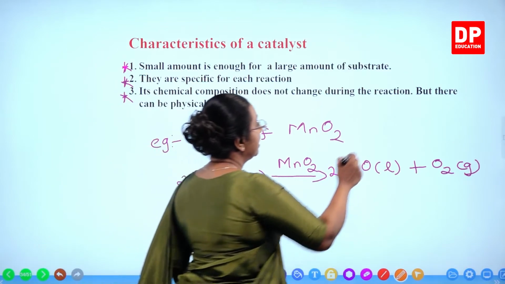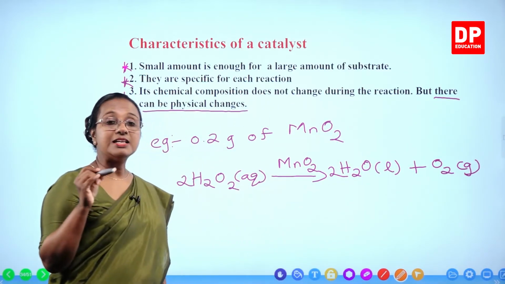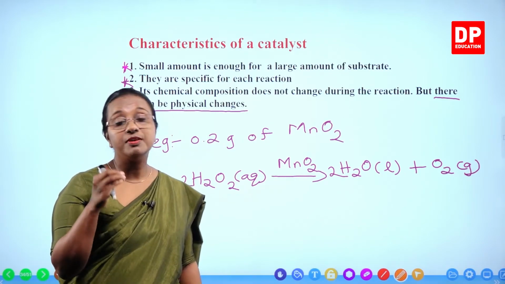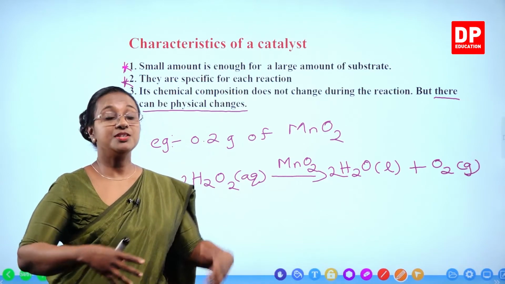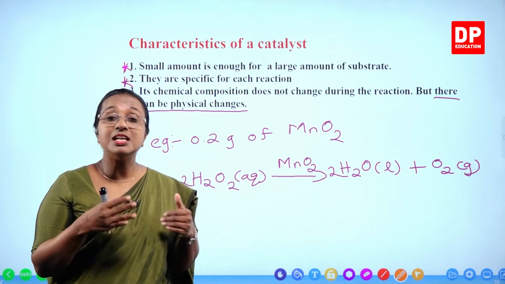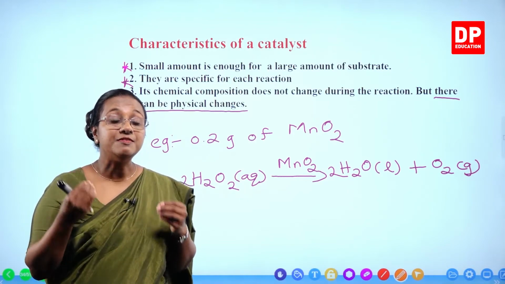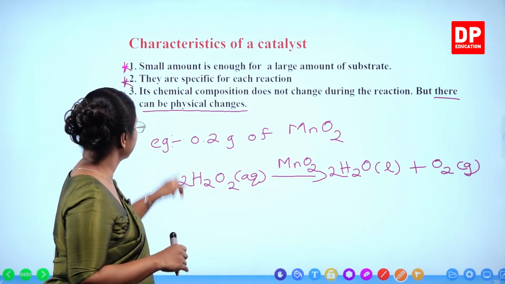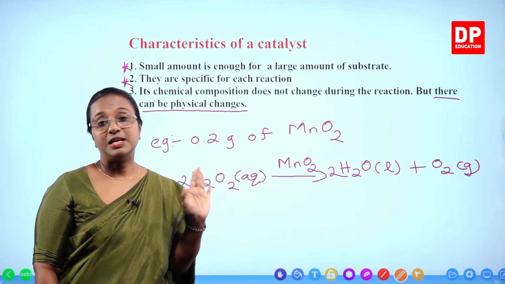That's important. So like I said, if you take a chunk of the particular catalyst, it can become powdery because the reaction is taking place inside a liquid medium, solution medium. So because of that, the physical nature can change. It can be changed physically, but it is not chemically consumed.